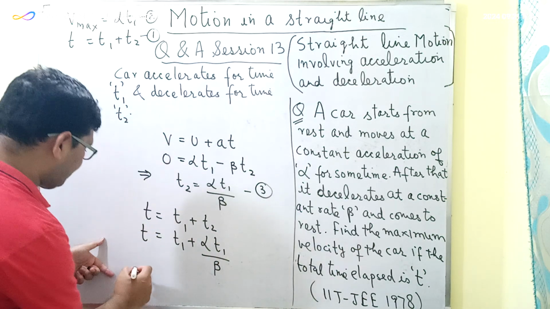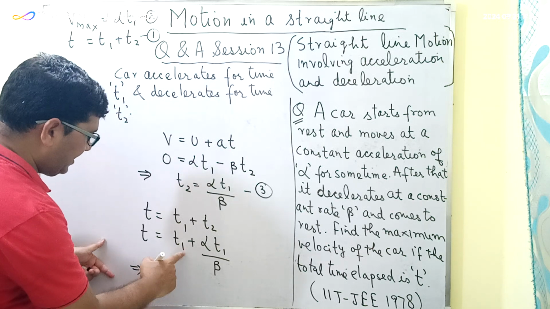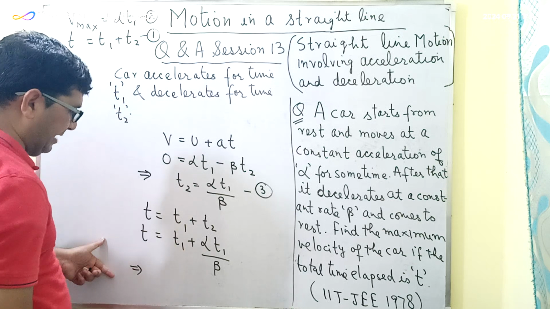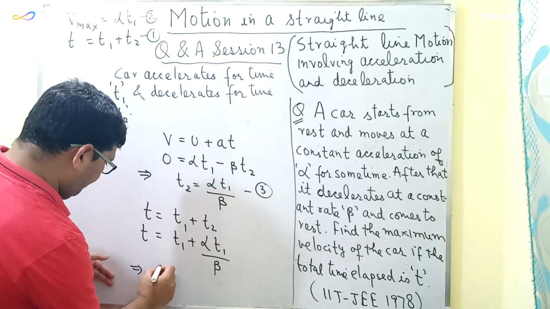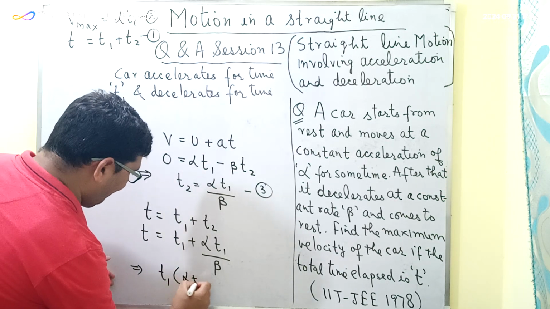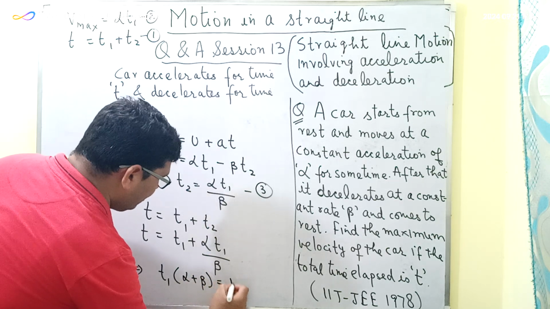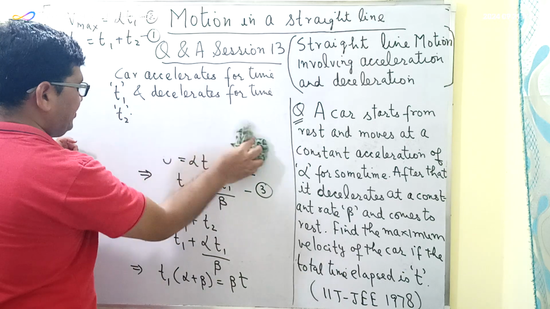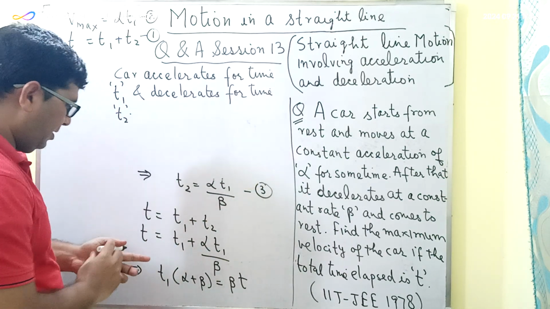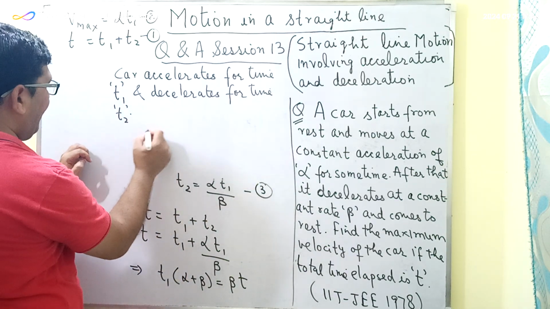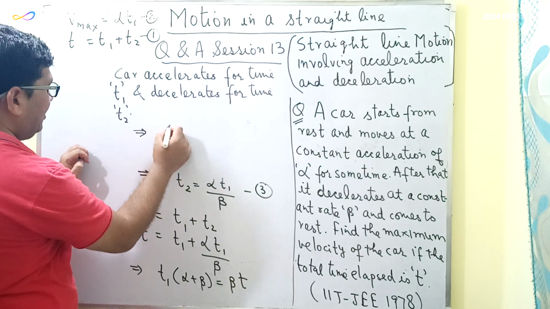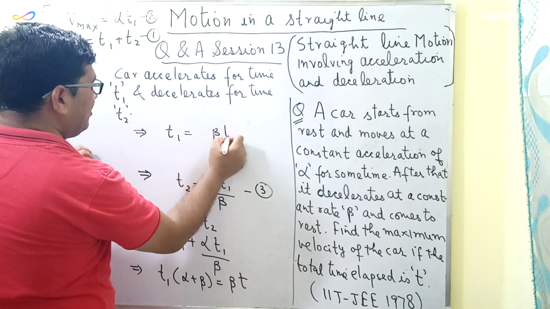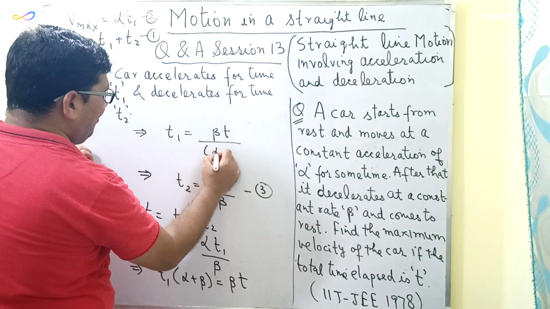If you solve this, taking the LCM as beta, this will be equal to t1 in bracket alpha plus beta. So t1 into alpha plus beta is equal to beta t. So t1 will be equal to beta t divided by alpha plus beta.